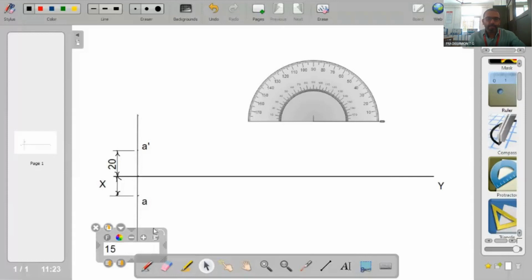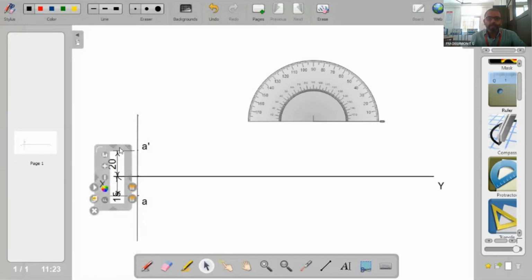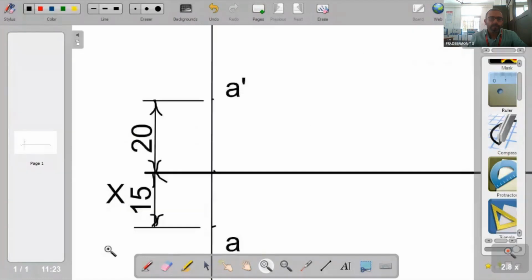Now this is 15. So here it is 50. So this is the first drawing, the first question that we have completed. If you want to see it zooming, zoom it, it will be like this. Erase this.